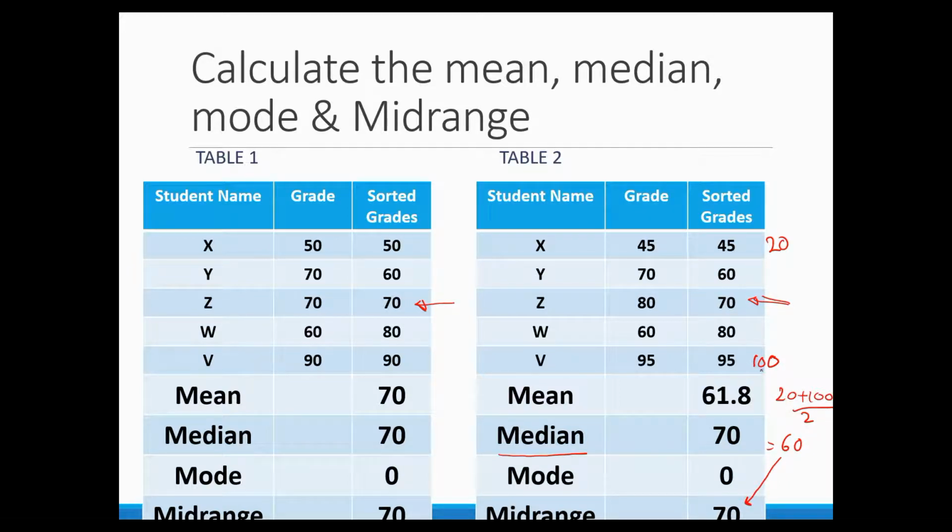Even if the minimum and maximum changed to 20 and 100, we find that the median is still the same value, 70. So this is why we consider the median the most robust measure of centrality of all the four measures.